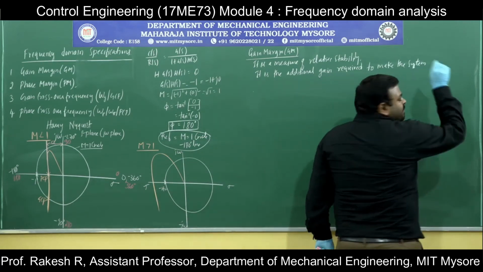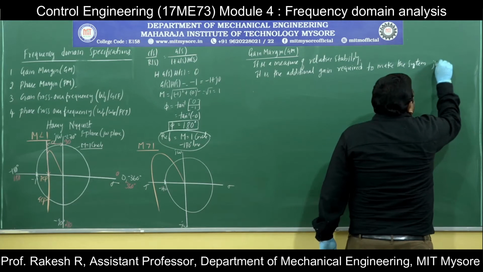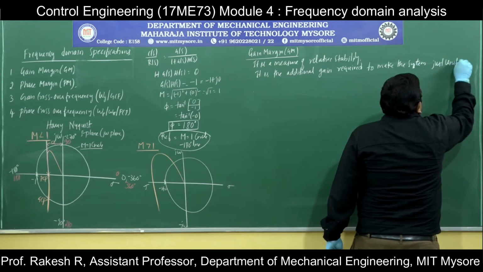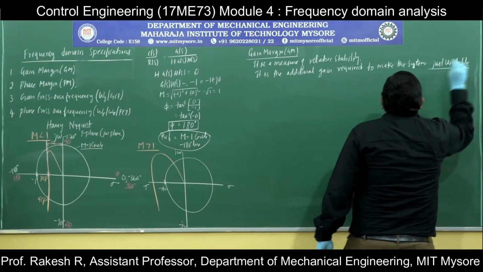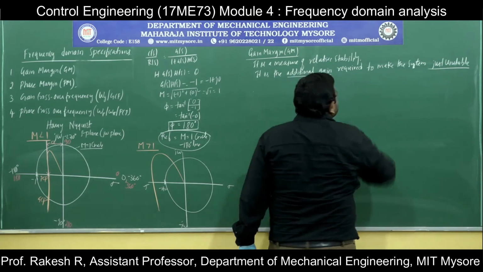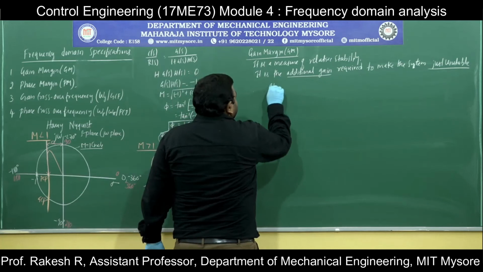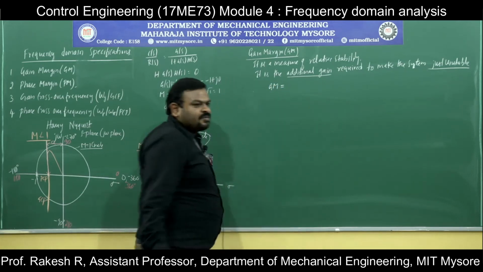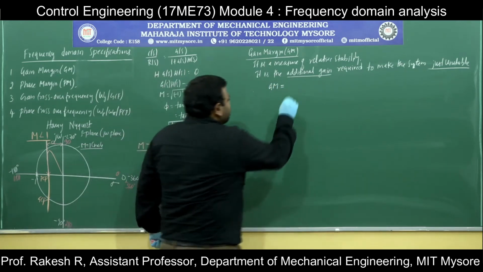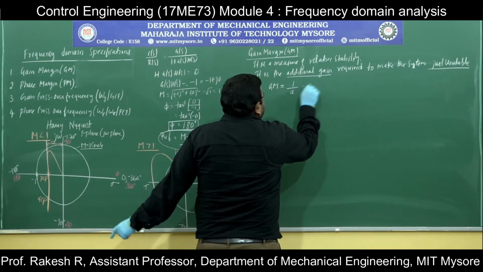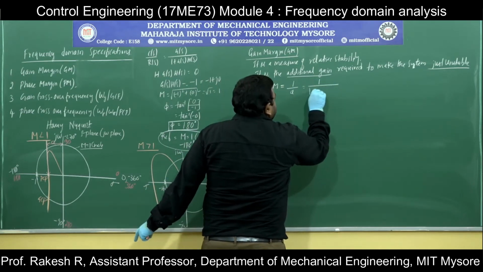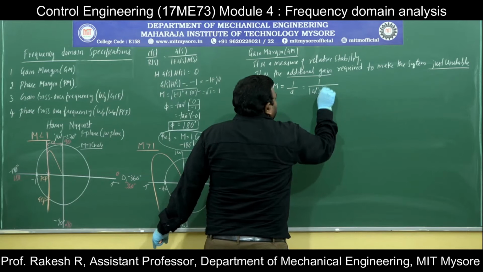So it is making the system just unstable. So this is important. Additional gain is important. So if I transform this, gain margin will be equal to 1 by A. What is this A? A is the magnitude of the open loop transfer function.